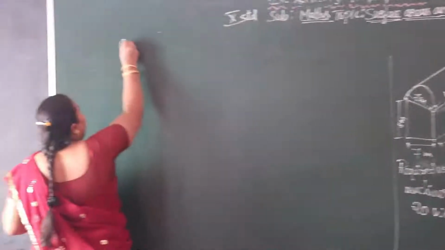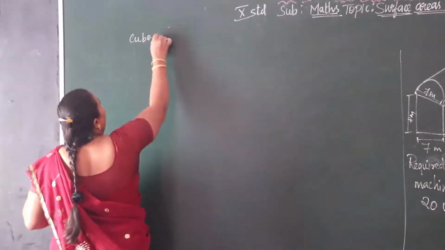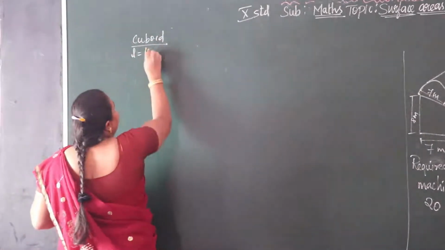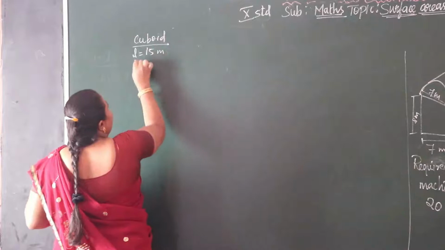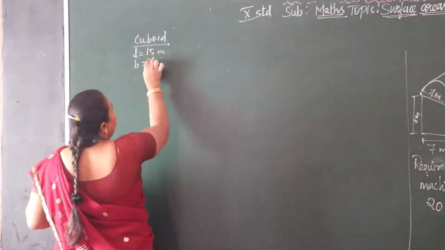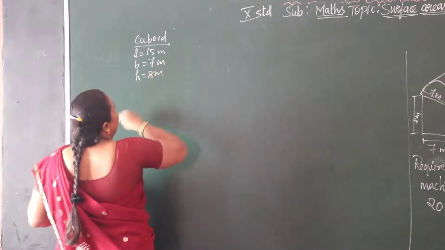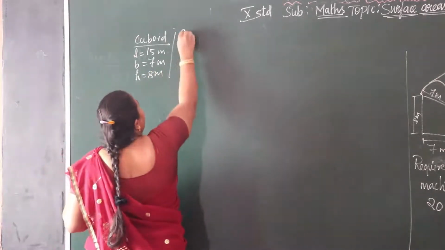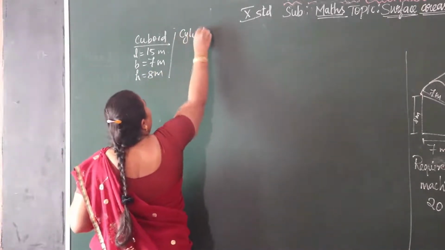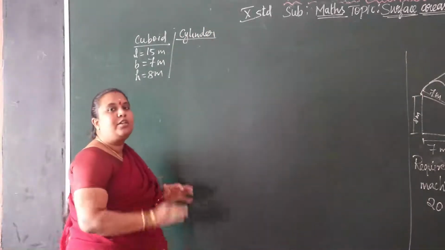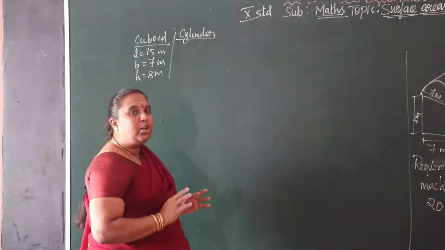that is cuboid. So in a cuboid we have length L equals 15 meter, breadth 7 meter and height 8 meter. And then the half cylinder. In a cylinder we have pi r square h. Here we want the radius and height of the cylinder.